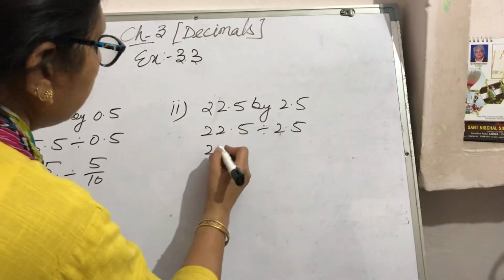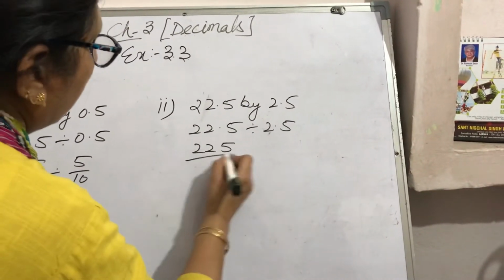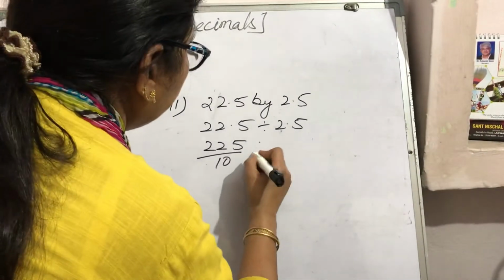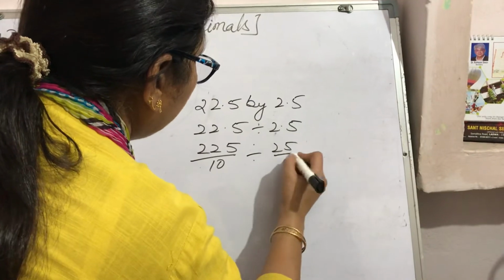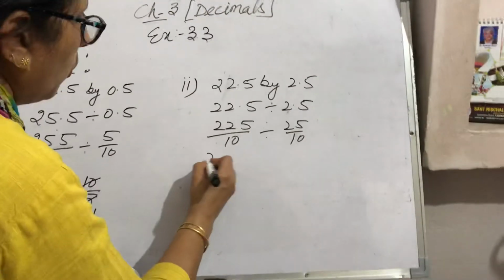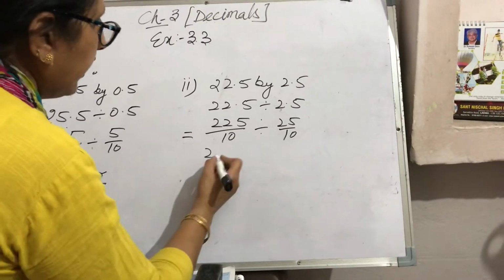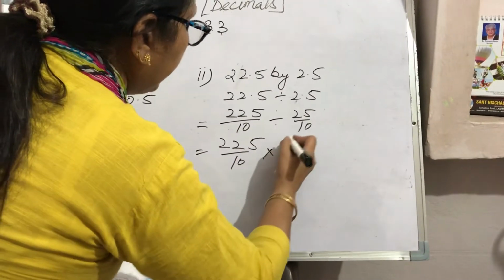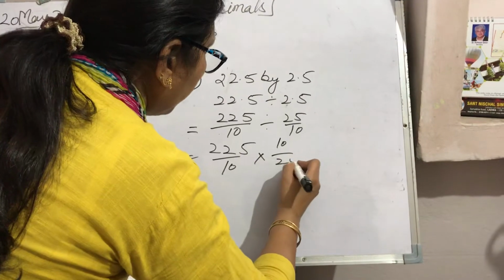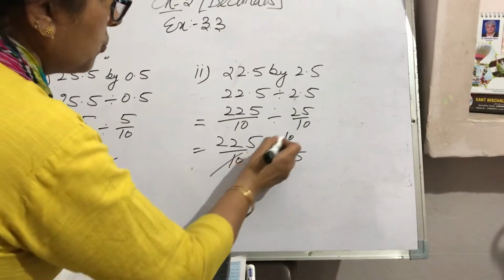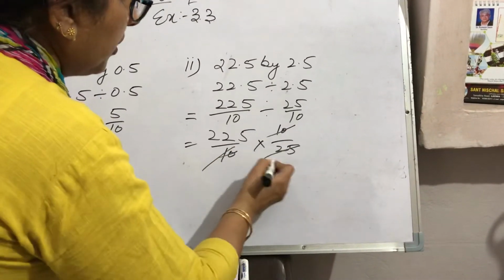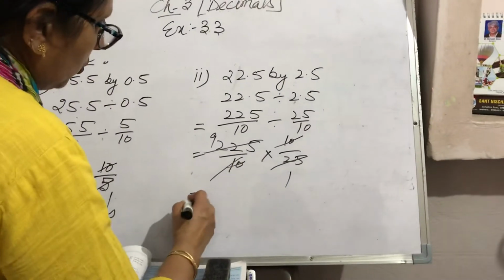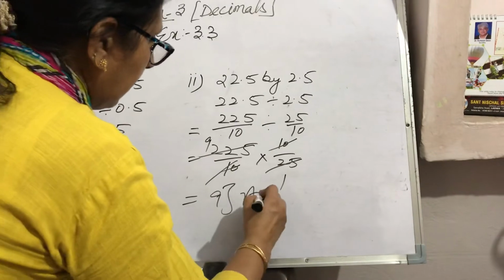Now remove the decimal. 225 upon 10, only one digit is in the decimal place, divided by again 25 upon 10. Now convert this sign into multiplication: 225 upon 10 multiplied by 10 upon 25. Again 10 reduced with 10. Then 25 ones are 25 and 25 nines are 225. So 9 is the answer.